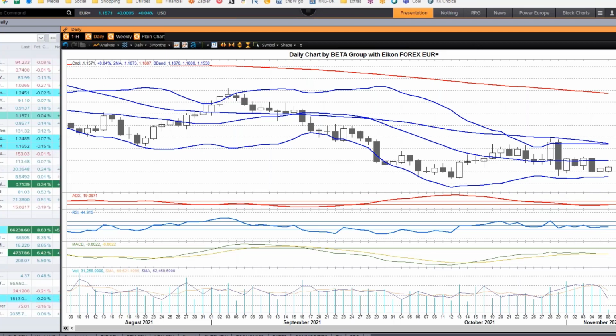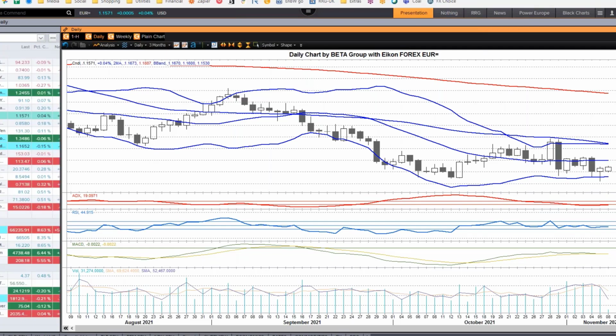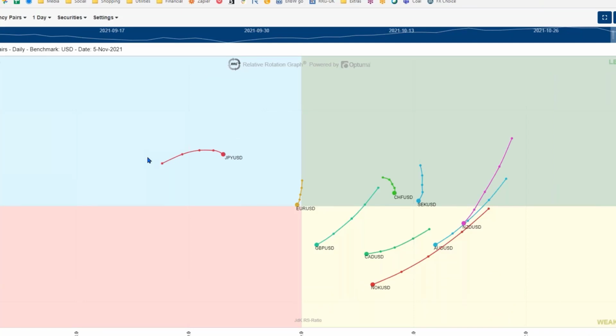And let me show you a picture of that here. To show you that it's correlating with the dollar, I'll go to the relative rotation graph. If you haven't seen this before, we have a quadrant on the x-axis. Going from left to right, the things which are furthest to the right are outperforming the dollar, which is in the center.